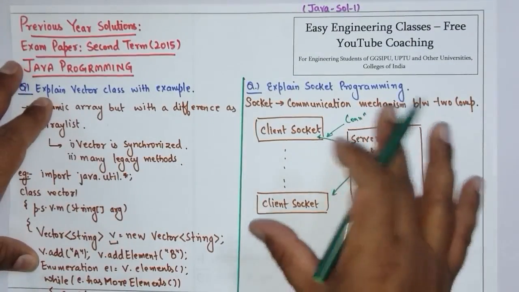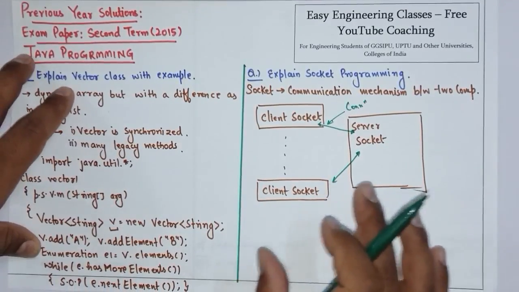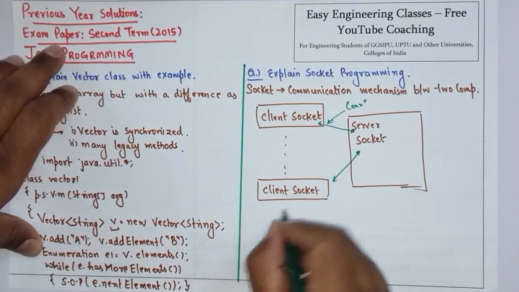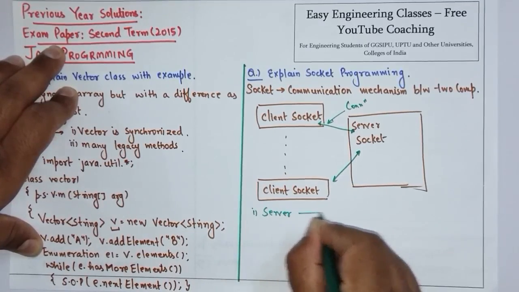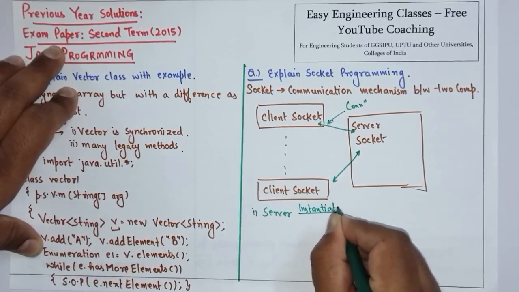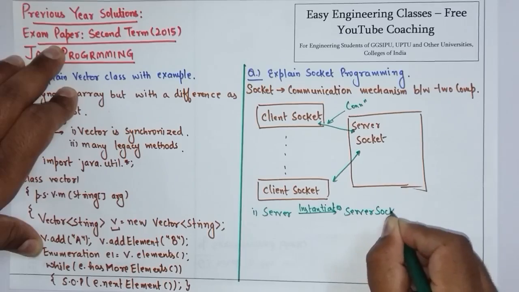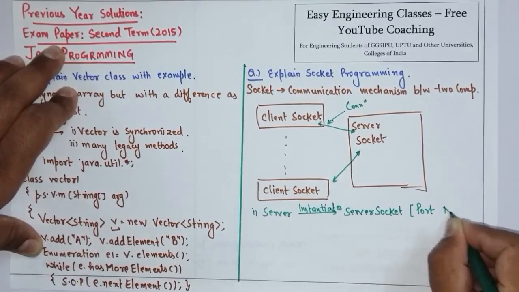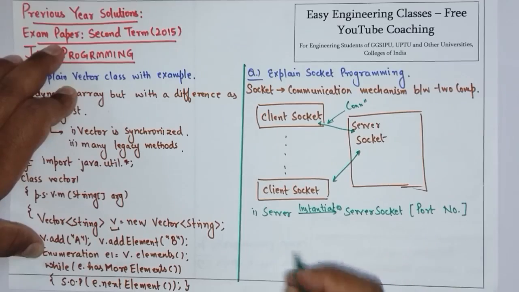So apart from giving the complete code of the socket programming, you can explain the steps of the communication mechanism. सबसे पहले क्या होता है इसमें, that server instantiates a server socket object with the port number.